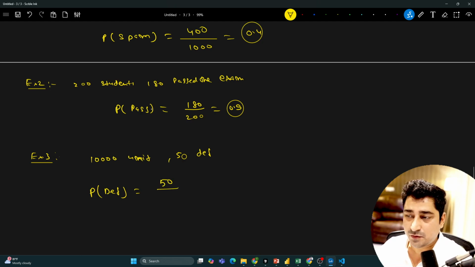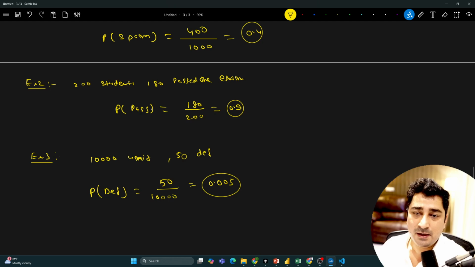Here 50, which were defective, divided by the total number of trials we have done, is 0.005. So this is the probability that if I pick any of these products, it is going to be a defective one.